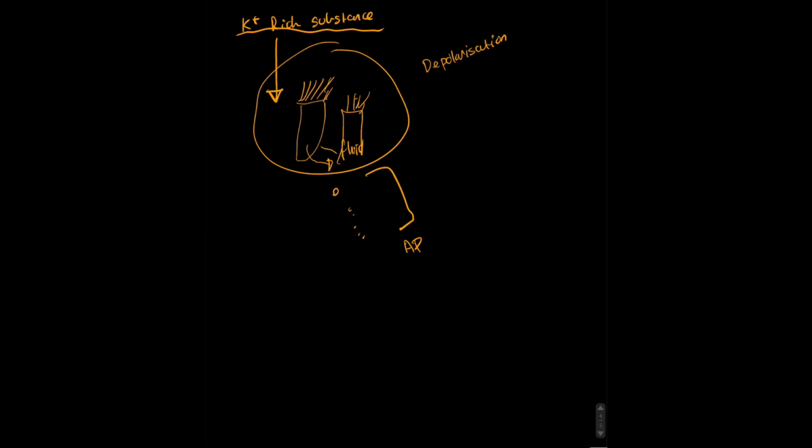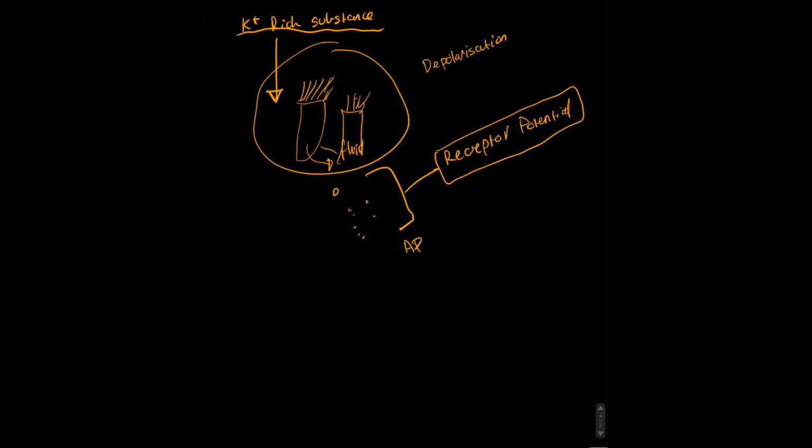This process is called a receptor potential. Just like we talked about excitatory and inhibitory postsynaptic potentials, receptor potentials pretty much share all of the characteristics of those, except that we call them receptor potentials in the sensory system.